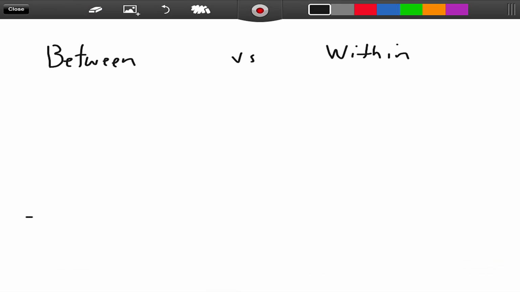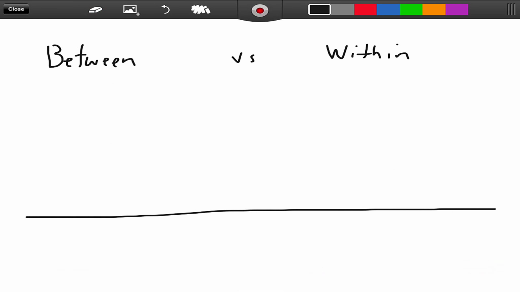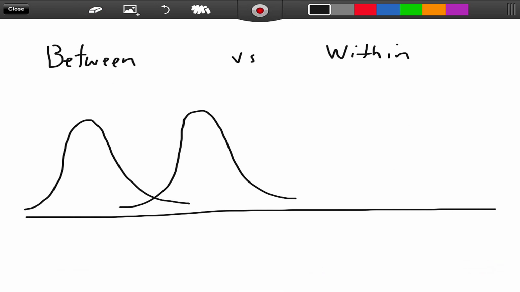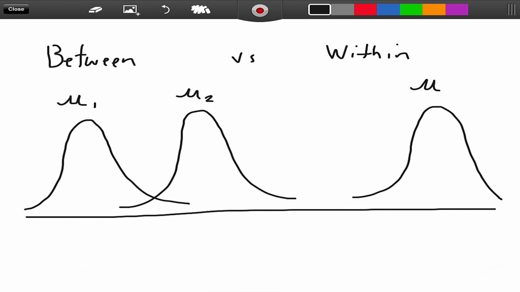Now, if we can imagine having different populations, and clearly each one of these, let's just look at a situation where k is equal to 3.